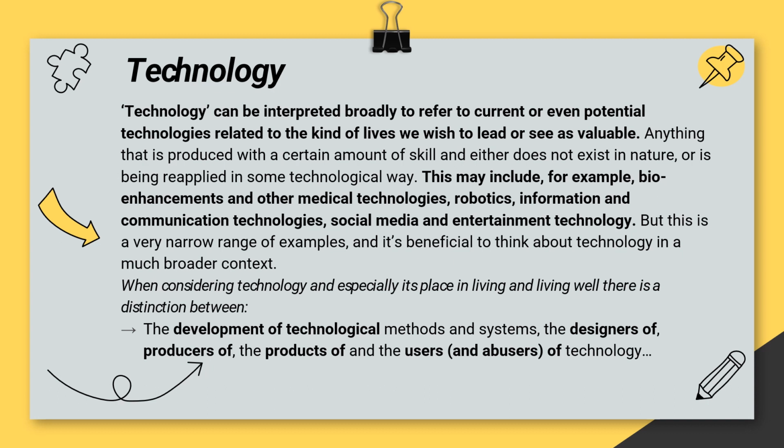So this may include, for example, bioenhancements, other medical technologies, robotics, information and communication technologies, social media, and entertainment technology. But even this is just a narrow range of examples, and it's beneficial to think about it in a much broader context. So when considering technology, and especially its place in living and living well, we also need to consider the difference between the actual methods of how we use it, and the systems themselves related in and to the development of this technology.